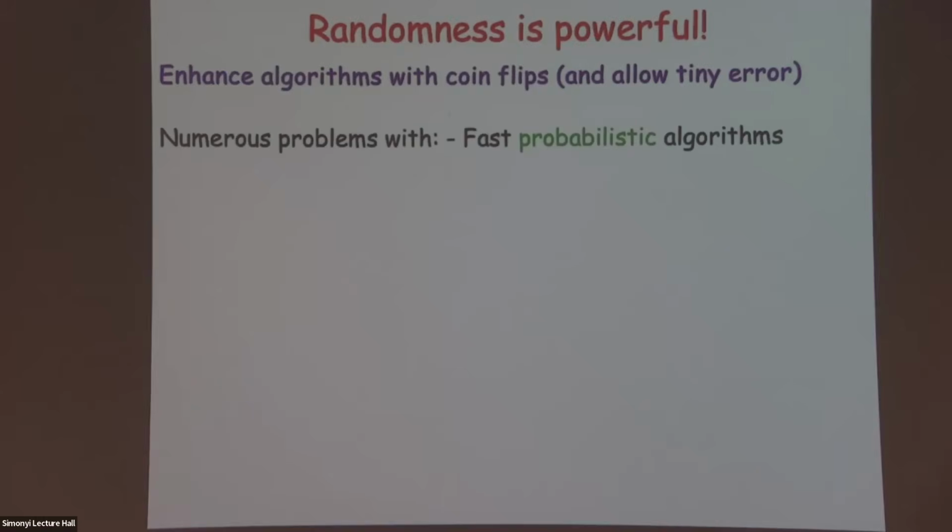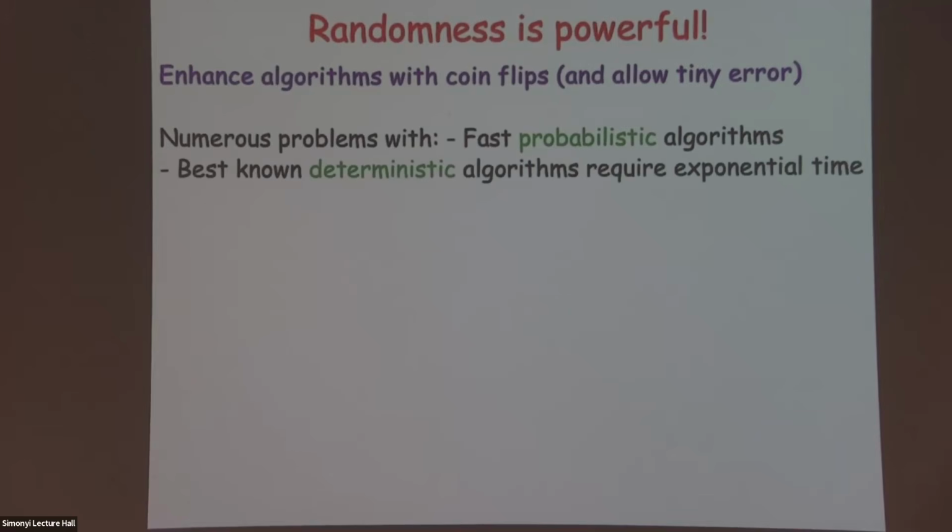So we know by today, many, many problems for which there are very fast polynomial time algorithms that do what you want, and nevertheless, the best known deterministic algorithms require exponential time. There seems to be an exponential gap between what we can do deterministically and what we can do probabilistically.